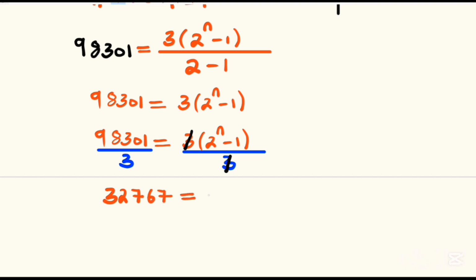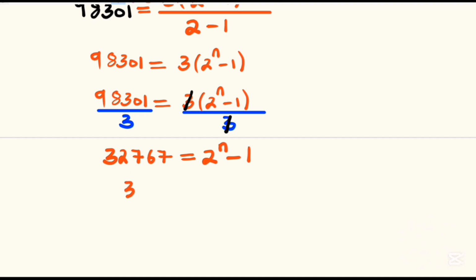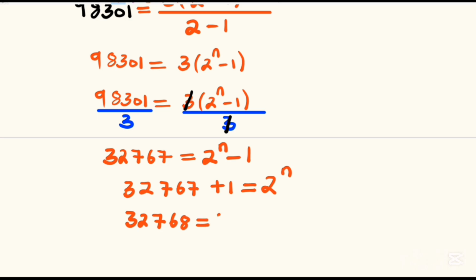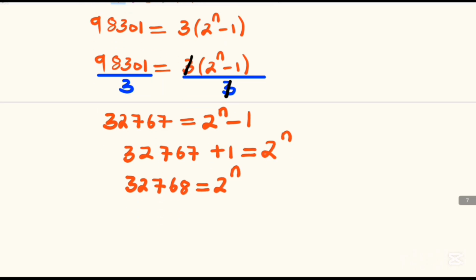And this will be equals to 2 raised to the power n minus 1. We move the 1 from the right to the left, and it will change sign to positive 1, and this will be equals to 2 raised to the power n. 32,767 plus 1 will be equals to 32,768, and this will be equals to the 2 raised to the power n.